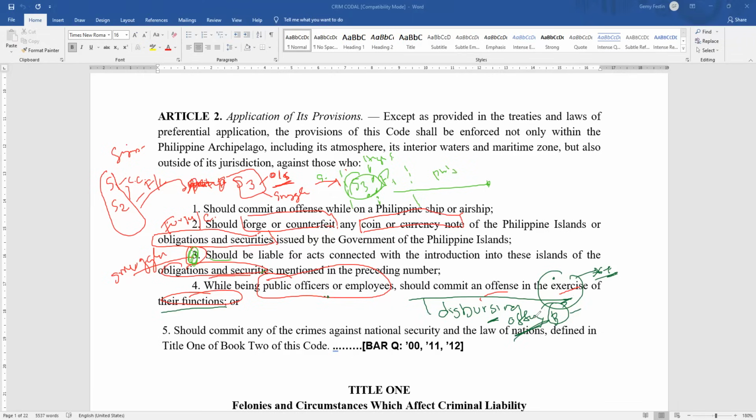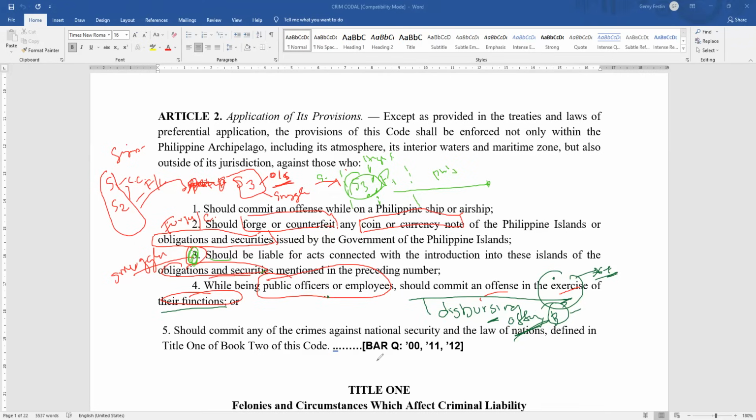Eh paano kung inutusan ng isang tao? Halimbawa, yung secretary ni ambassador. O ito ATM ko, you withdraw 5,000 Singapore dollars because I need that. Ang withdraw pala ng kanyang secretary is 7,000 Singapore dollars. She pocketed that 2,000. Hindi naman nanghingi ng resibo si ambassador. Well, is there a crime committed? Yes.